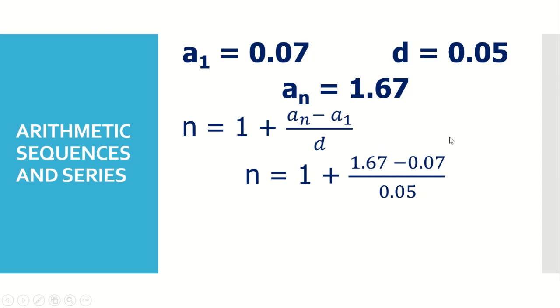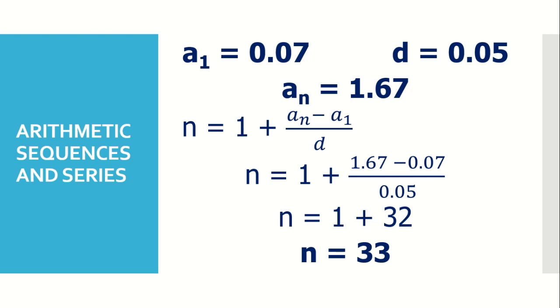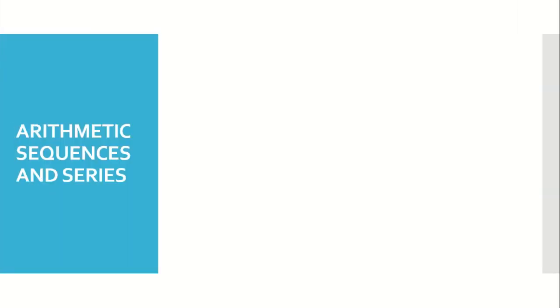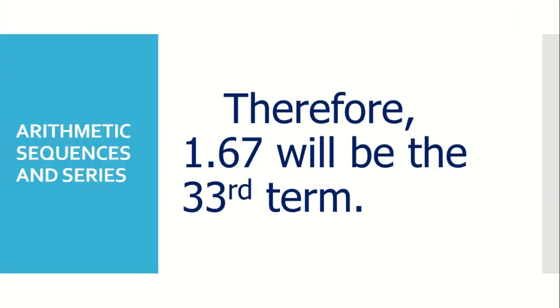Simplifying this first, 1.67 minus 0.07, then divided by 0.05, and then add it to 1. So we have n equals 1 plus 32. Our n is now equal to 33. Therefore, 1.67 will be the 33rd term.